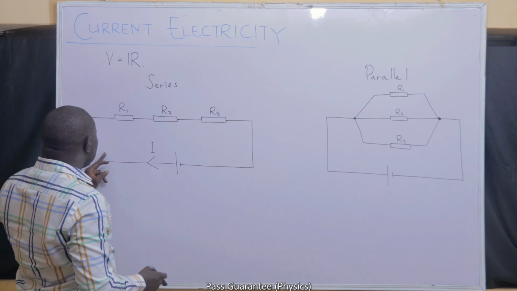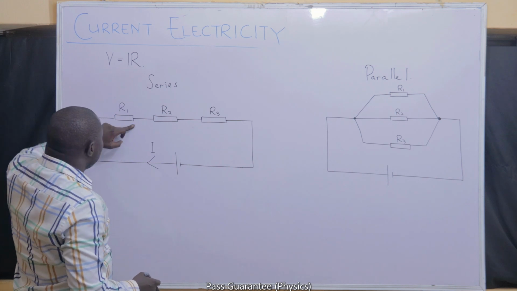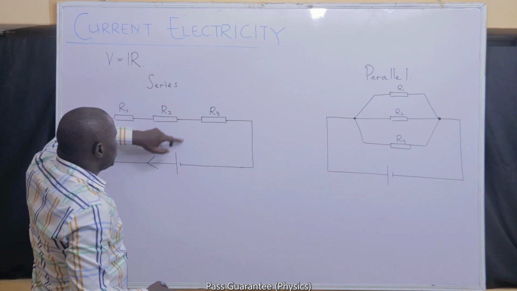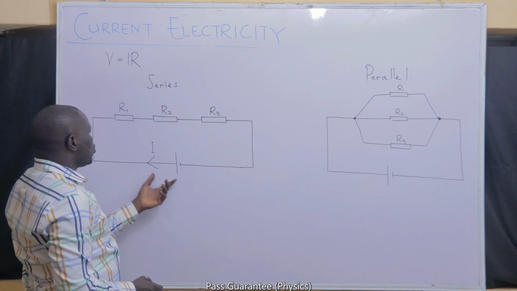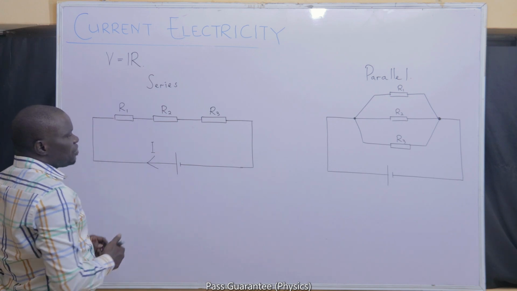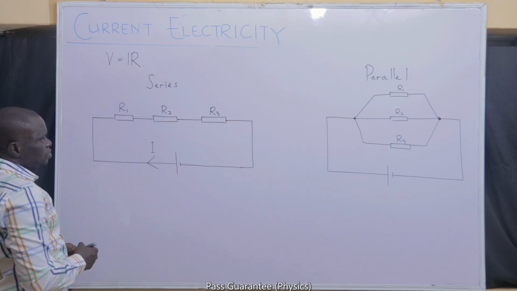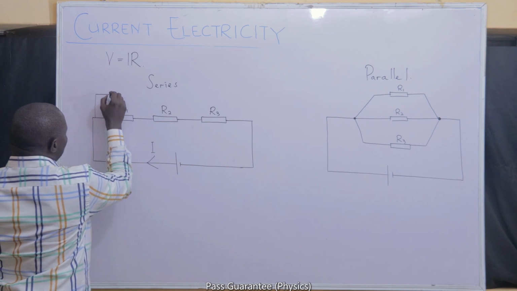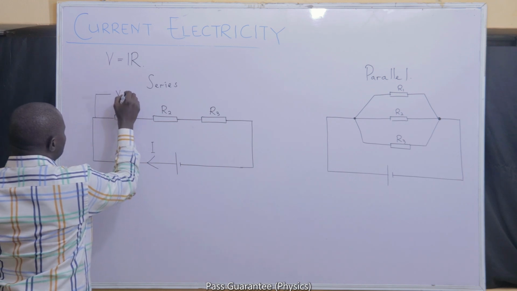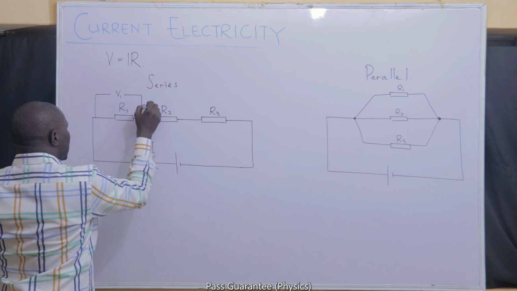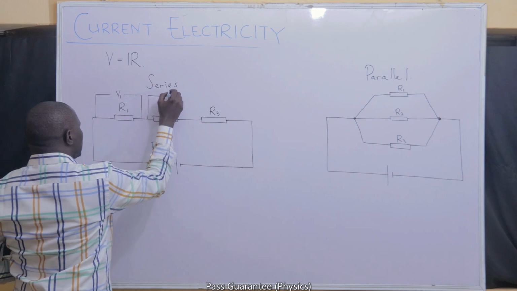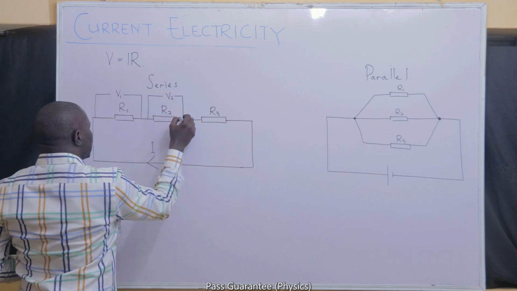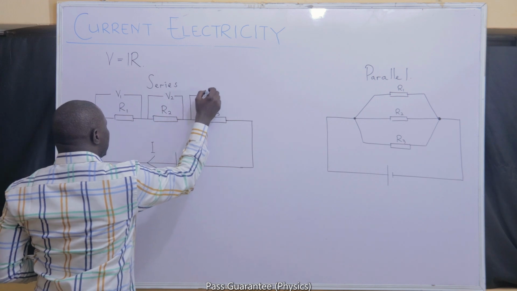So if this current is to be driven through different resistance values, then this cell must be ready to apply different potential differences across them. Now, let us assume that the potential difference across R1 is V1, the potential difference applied across R2 is V2, while the potential difference applied across R3 is V3.